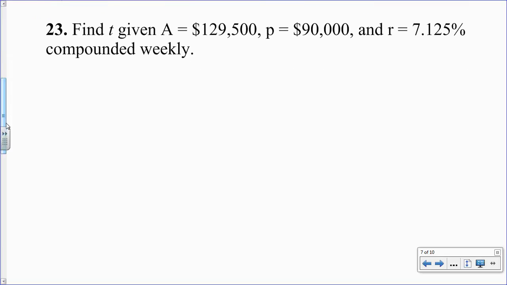Okay. So first thing you want to know is what equation, what formula you need. This says compounded weekly. So I need compound interest, but not the continuous because it would say continuously. So for all other compound interest, we have this formula.